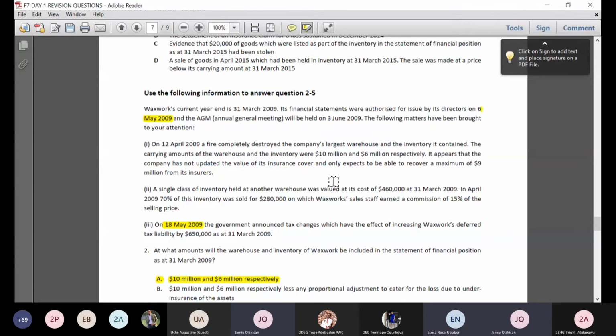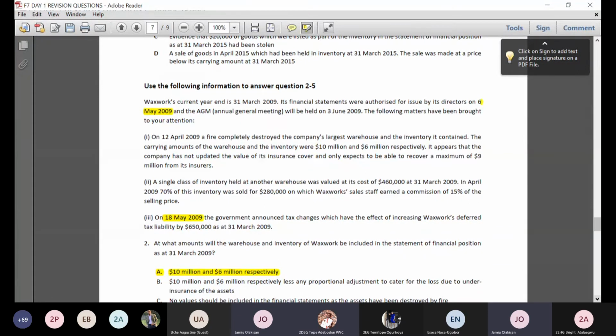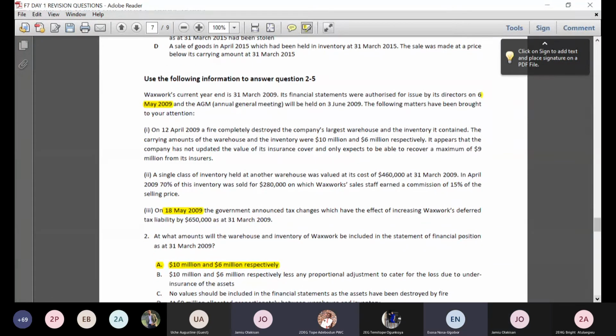Any event that occurs after that date is not an event after the reporting period. You guys didn't pay attention to this. That is the trick. It's the date. Anything that occurs after the day the financial statements were authorized for issue should be ignored. That is the main thing there.